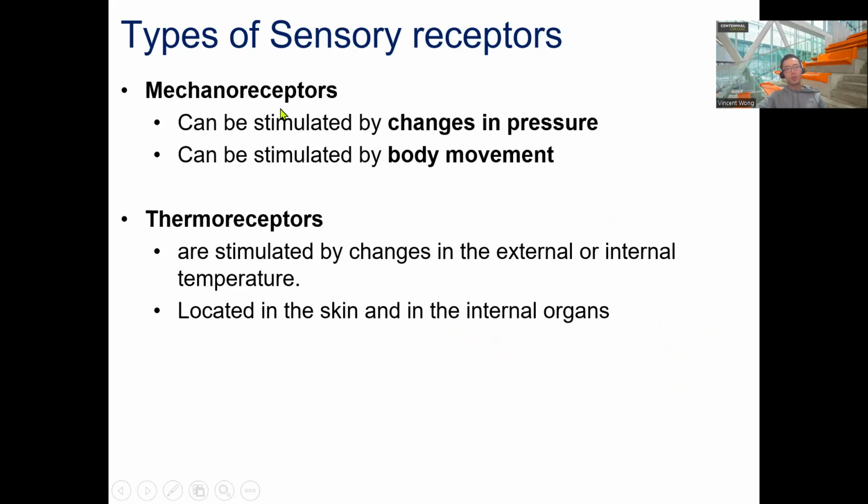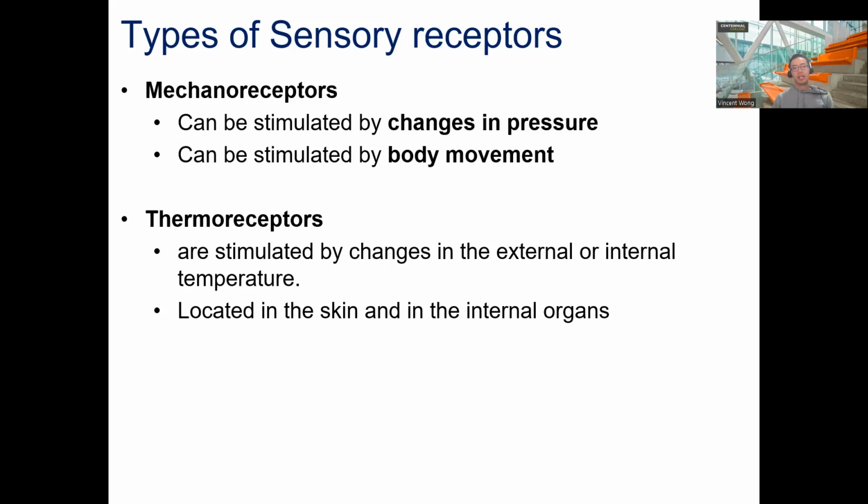Mechanoreceptors are stimulated by changes in pressure. The most straightforward example would be poking you with the sharp end of a pen versus the blunt end of the pen. It feels different, right?